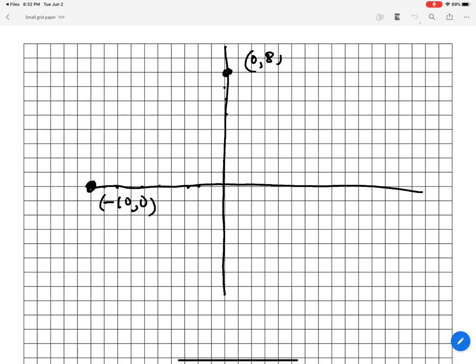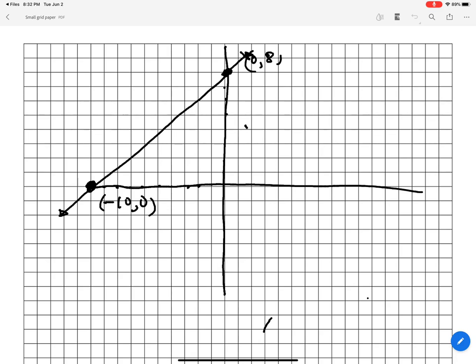Then we connect the dots. There we go. I think that's how you use a ruler, but anyways, I'll try again.